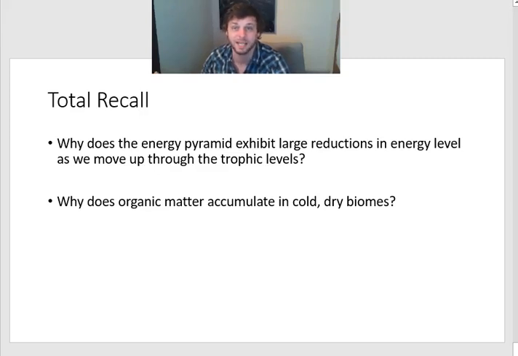A lot of these things are fungi or earthworms or snails, slugs, stuff that need pretty warm, wet environments. And so you see a buildup of this organic matter when things are colder and drier because there are less organisms to break those down. And so you get an accumulation of it. And that is it for this chapter.